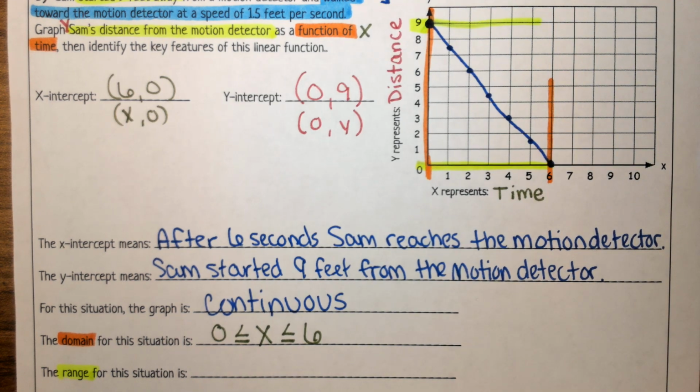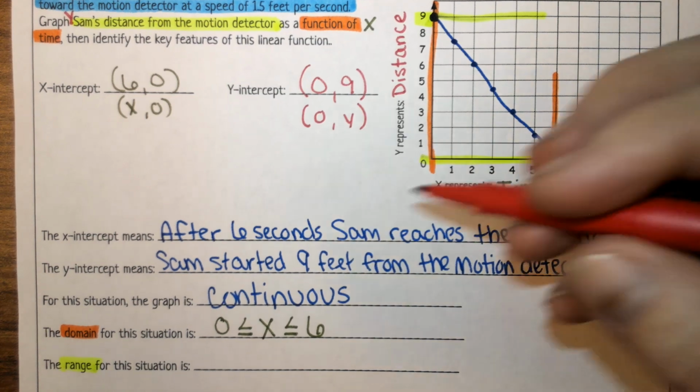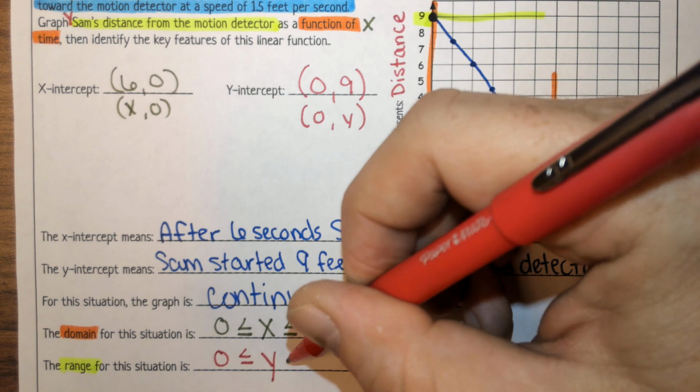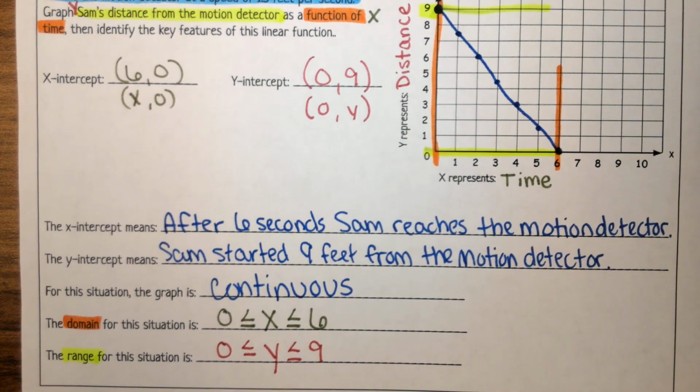So my lowest is 0, my highest is 9. There's no open circles again. So my range would be 0 less than or equal to y less than or equal to 9. And that's how you interpret key features of a linear function.